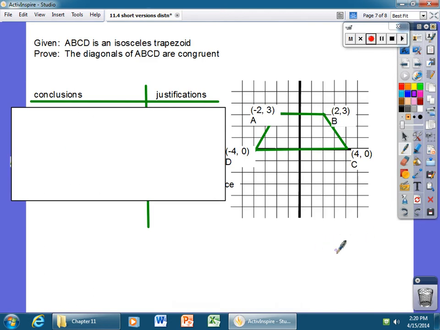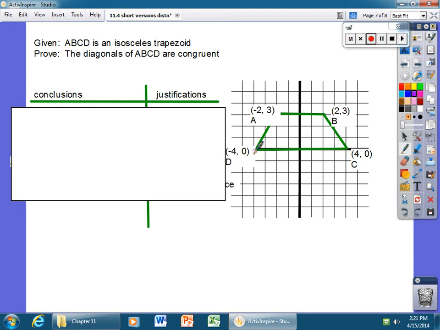We can also use the distance formula in proofs. They tell me that ABCD is an isosceles trapezoid, and they want me to prove that the diagonals of ABCD are congruent. So what I did is I took my isosceles trapezoid and I put it in a convenient place on the coordinate plane.